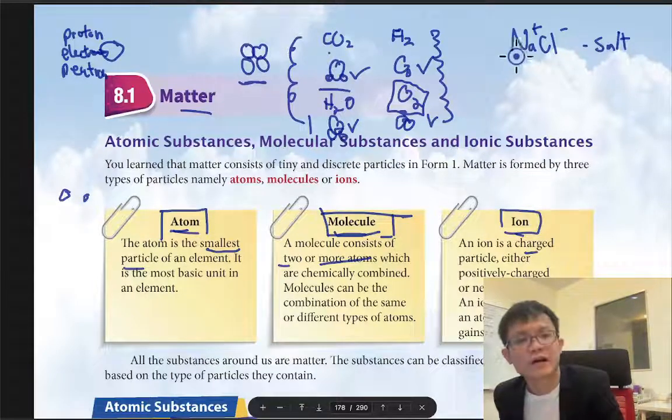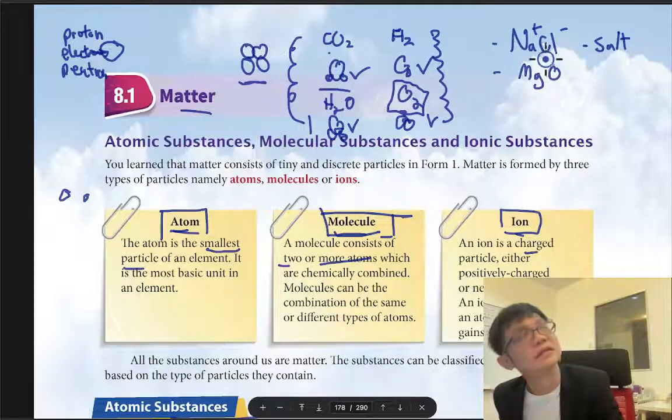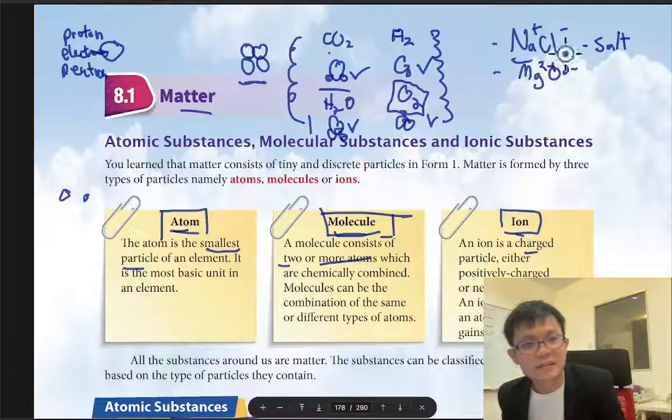Some more, for many things, okay? For example, magnesium oxide. Magnesium is 2 plus, oxide is 2 negative, for example. So this is the combination of sodium and chloride.